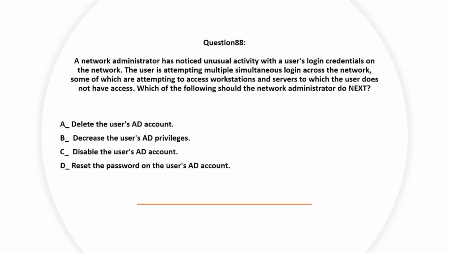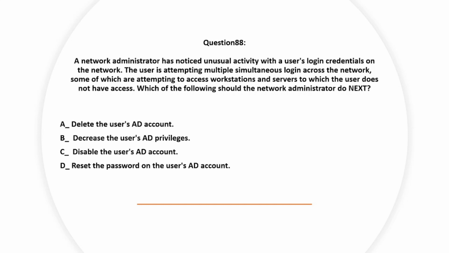Also the user is trying to access some workstations through this desktop computer, trying to access another workstation and server. Normally the user does not try to access servers, but this time the user is trying to access servers and other workstations. That means something is wrong and somebody is trying to access the main system through this user.